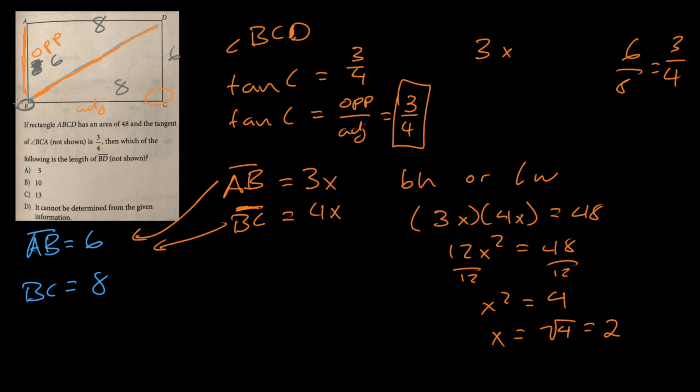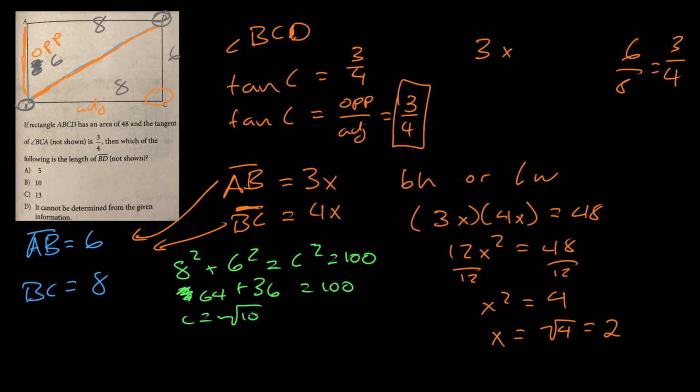And we need to find B to D, and so we can just use the Pythagorean theorem, or you can realize that this is a 6, 8, 10 triangle. But we're just going to go ahead and do the Pythagorean theorem. It's going to be 8 squared plus 6 squared is equal to c squared, which is 64 plus 36, which is equal to 100, and c is equal to the square root of 100, which is 10.